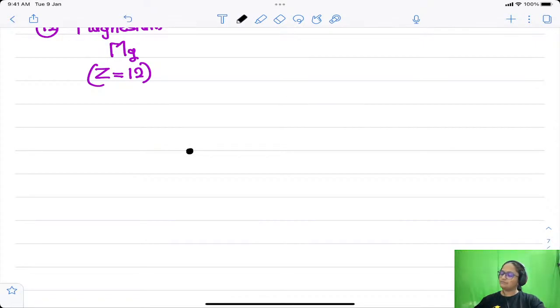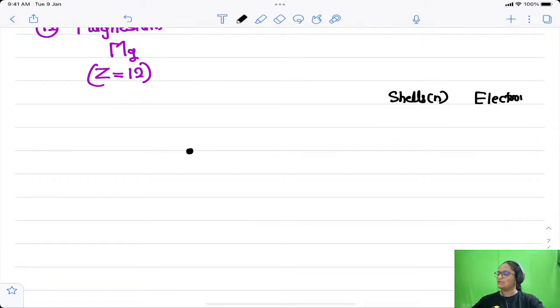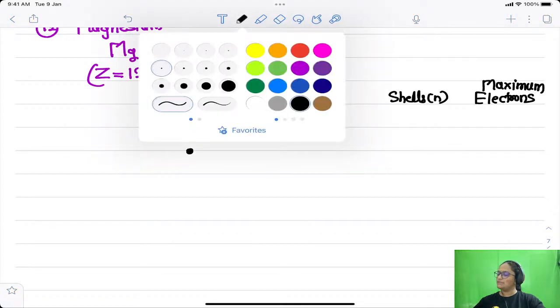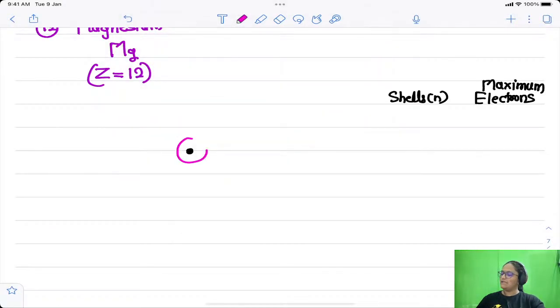As we know, there are different shells and they have different capacities for carrying a maximum number of electrons. First of all, I will write down the first shell. A shell is nothing but the circular path in which the electrons are revolving. The first shell is called the K shell, shell number 1.